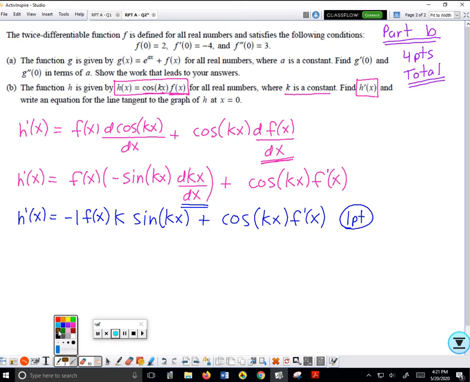So then, so we found h prime of x. Now it says, and write an equation for the line tangent to h at x equals 0. And small mistake here. They actually give 2 points for this, meaning if you didn't get to this spot perfectly, but you did part of it right, you would get one of the 2.